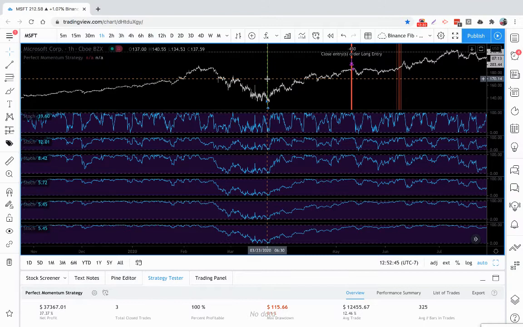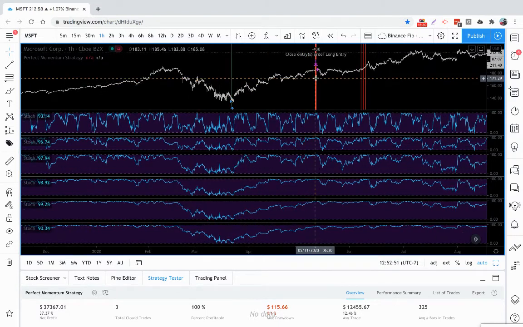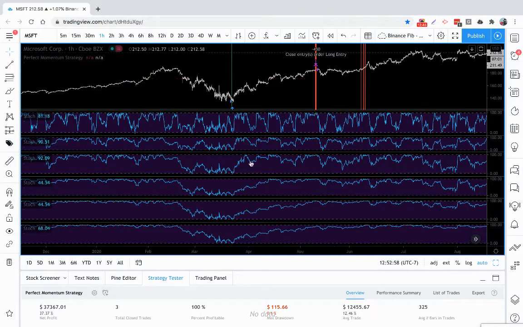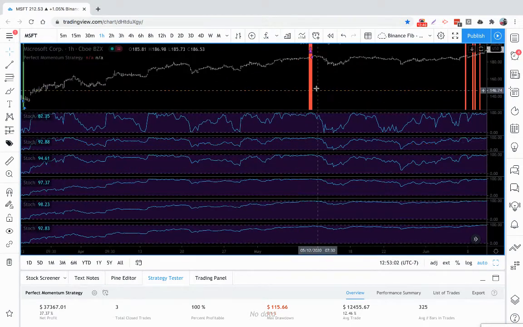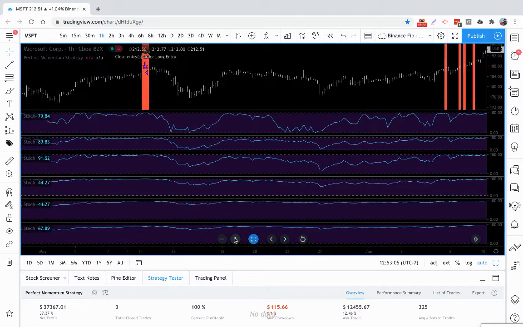Here, all our conditions were met for all stochastics being underneath 1. Over here, all stochastics did reach above, let's zoom in a little more, above 99. Get it way closer.